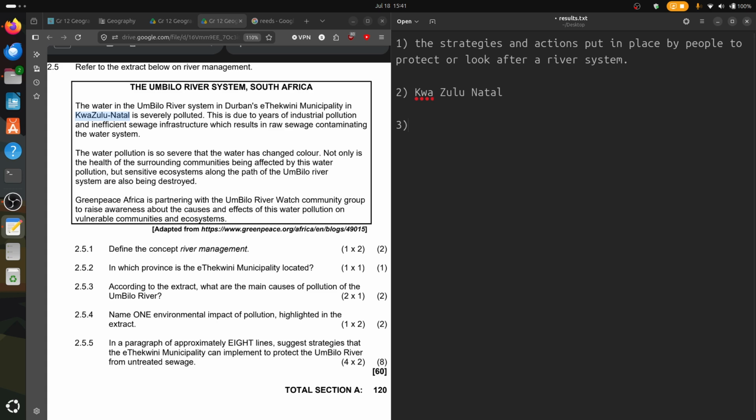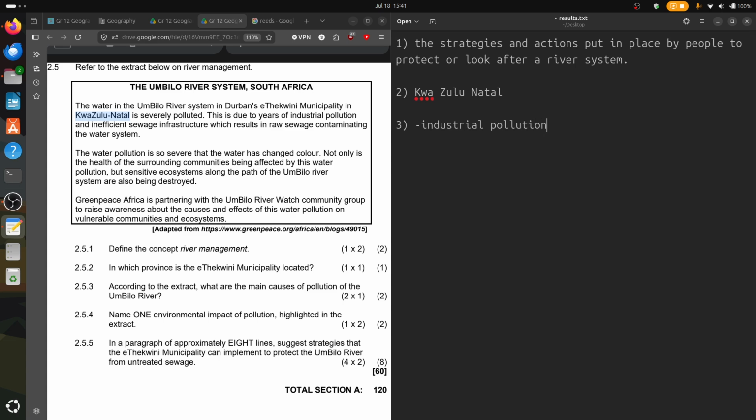Number 3, according to the extract, what are the main causes of pollution of the Umbilu River system? They said due to years of industrial pollution. So number 1, it's industrial pollution. Now this is where you can actually give points like this.